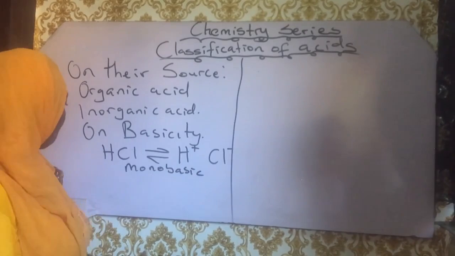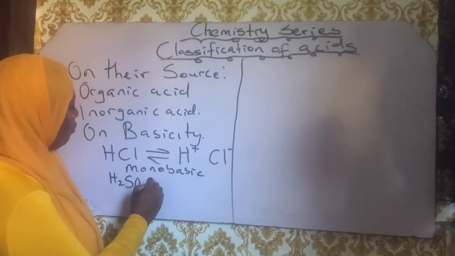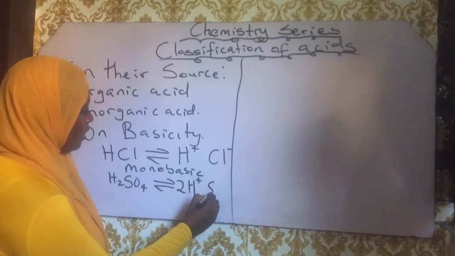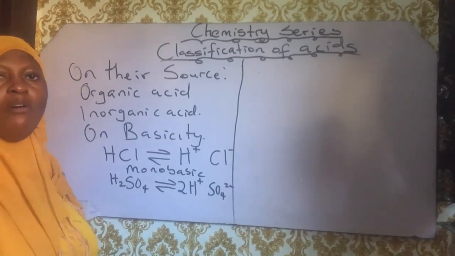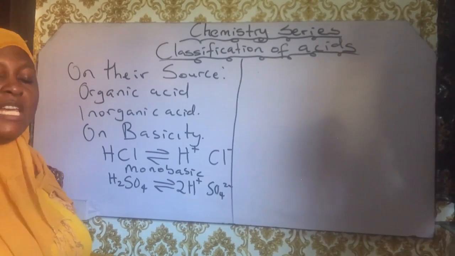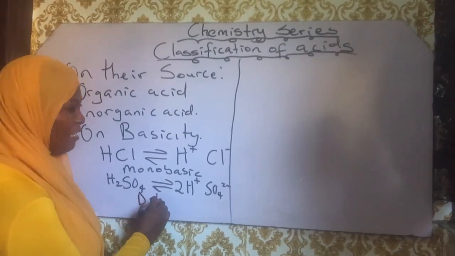Then we also have another example, H2SO4. When it dissociates, it gives 2 protons, and SO4 2-. The number of hydrogen ions that this can give is 2. So this is regarded as dibasic.